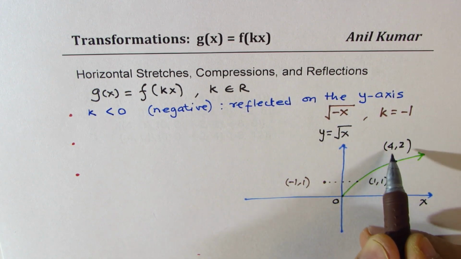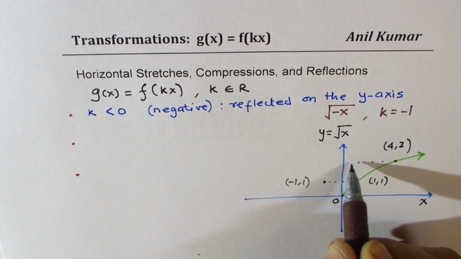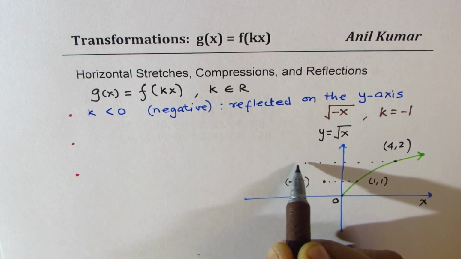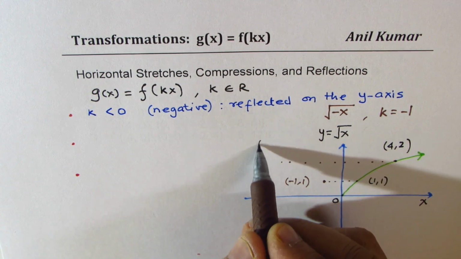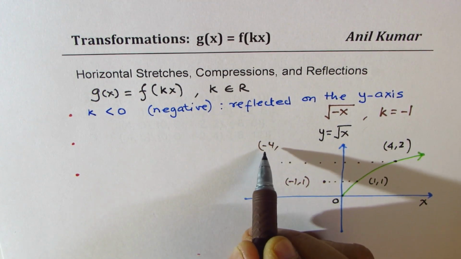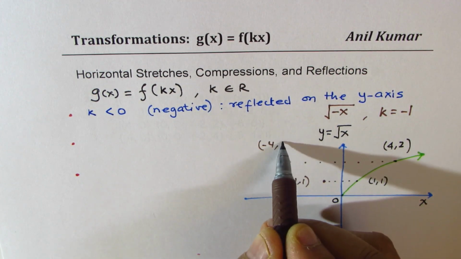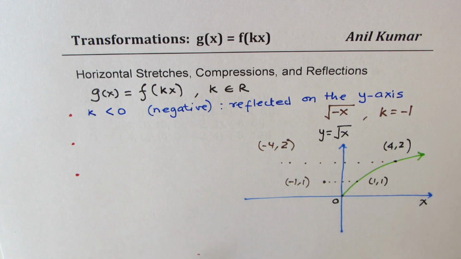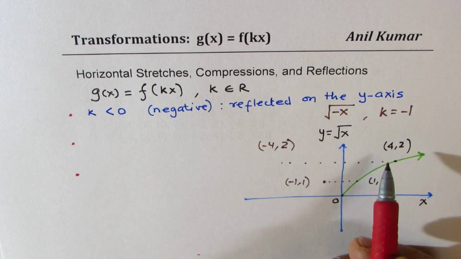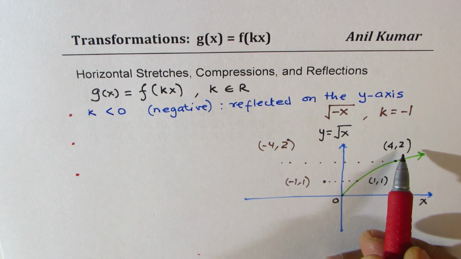The other point which I am showing you as 4, 2 will now be reflected and will become minus 4, 2. The x value changes to negative, the y value remains the same, right? So we say horizontally reflected. All the changes are only taking place on the x values, y remains the same.